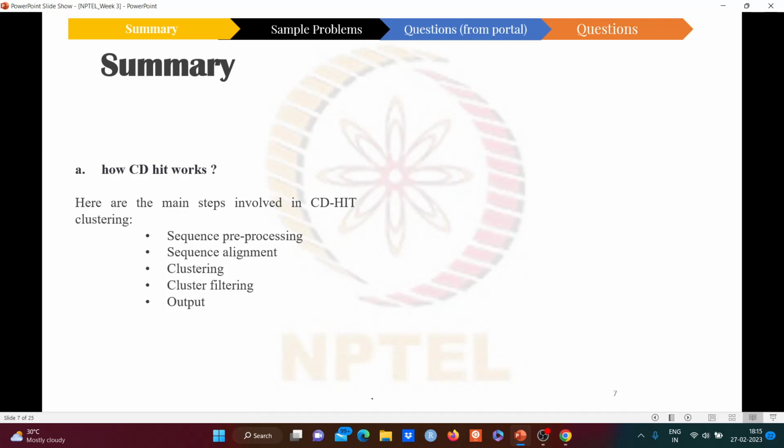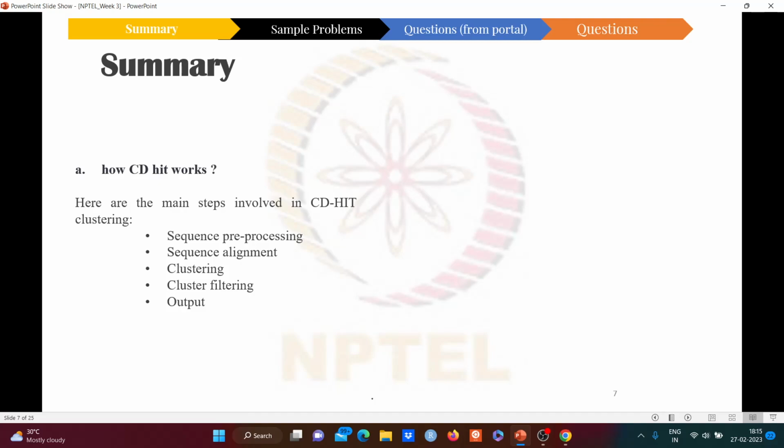Briefly, CD-HIT works by identifying groups of sequences that share a high degree of sequence similarity and clustering them together into a single representative sequence. This can be useful in many different applications, such as identifying homologous genes across species, the widely used application of reducing redundancy in large datasets, and also identifying potential functional domains.